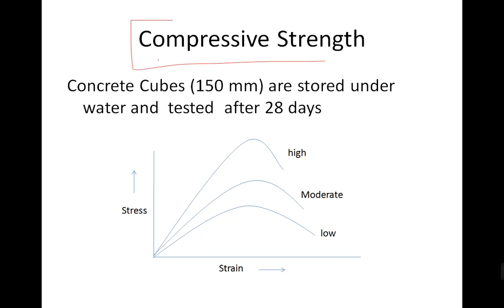The RC sections are mainly designed to consider the compressive strength of concrete. The concrete has different strengths, but we consider the compressive strength because concrete is strong in compression and weaker in tension.